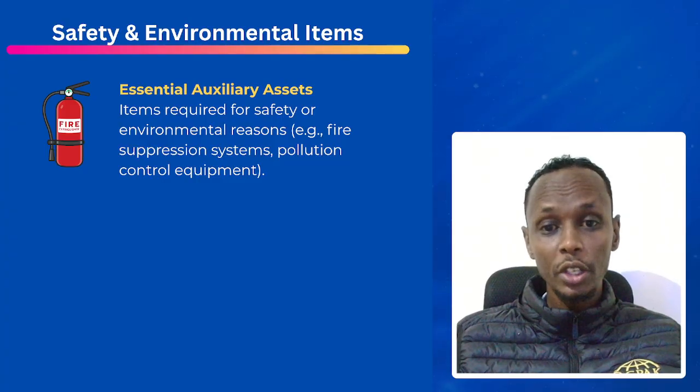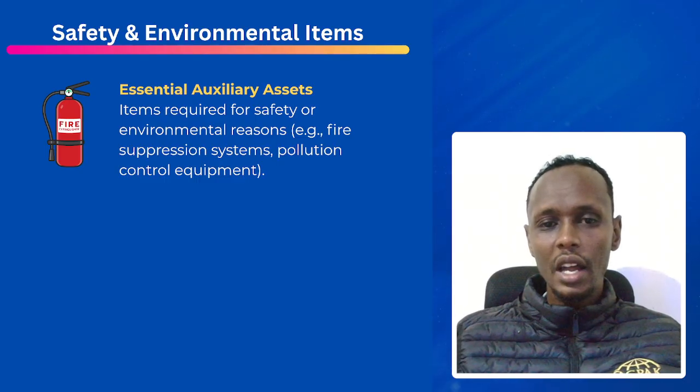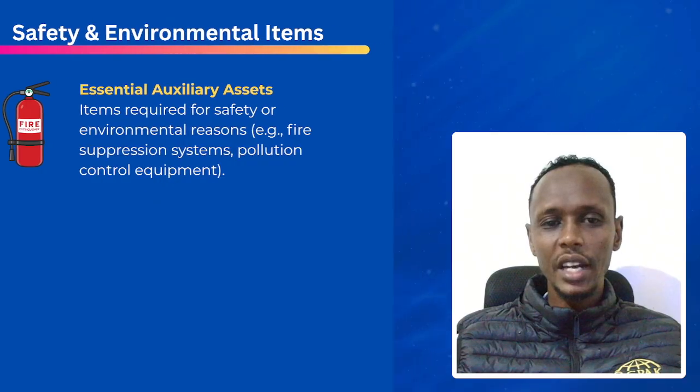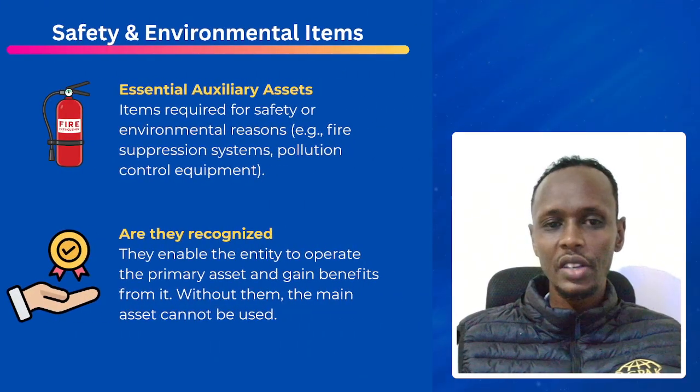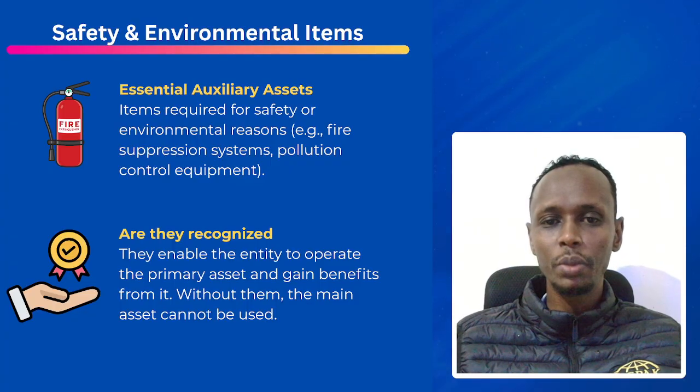So without them, you may not get the license to operate. So those you include them as assets. You recognize them as assets. They enable the entity to operate the primary asset and gain benefits from it. Without them, the main asset cannot be used.